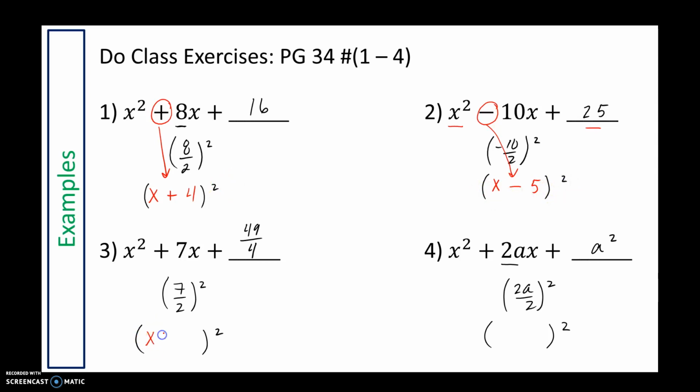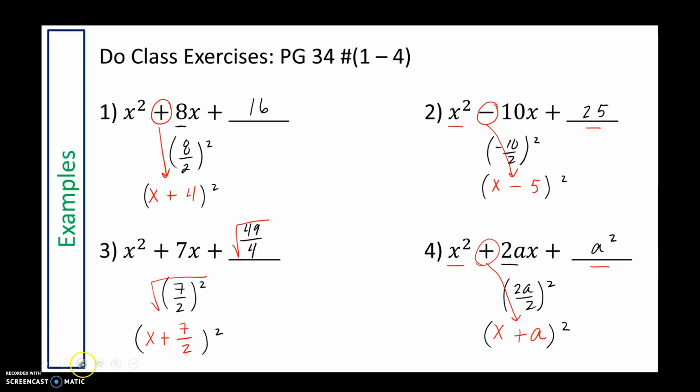Okay, 3 would be x plus... If I take the square root of this, notice what these square roots are. It's really just a square root of 7 over 2 squared. So that's exactly what b is equal to. And then lastly, square root of x squared is x, square root of a squared is a, and then I take the sign, the first sign that I see.